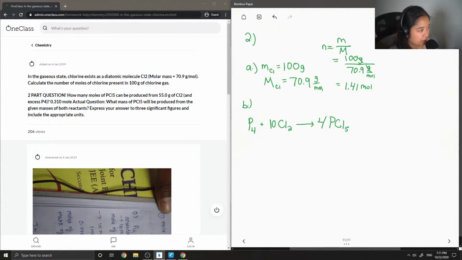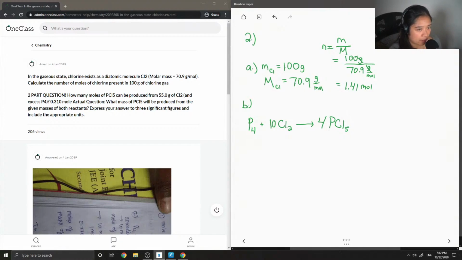How many moles of PCl5 can be produced from 55 grams of chlorine? So since we have excess P4, I'm going to calculate the number of moles of chlorine, since it is our limiting reagent.